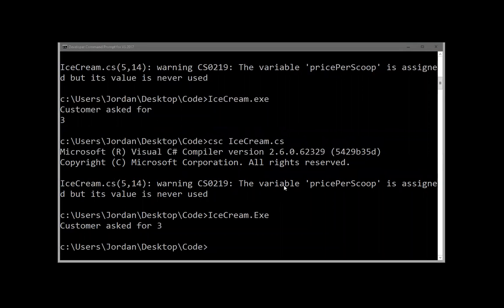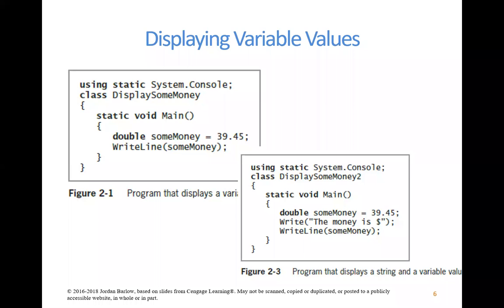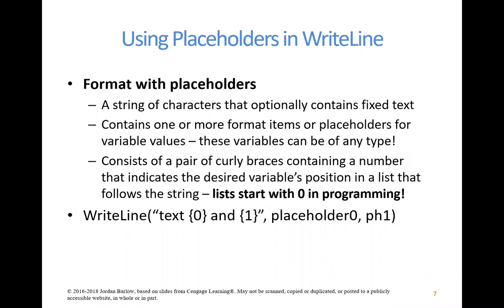Okay, another trick we can use with the WriteLine or write method is to use what's called a placeholder. Basically, a placeholder has some fixed text, and you can also put variable text in there. So the format is that you put a pair of curly braces inside of your literal string, inside of the WriteLine method, with a list number, starting with 0.